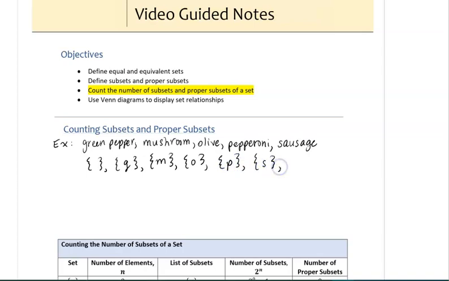So those would be a collection of 1 topping pizzas. Then we could find a collection of different 2 topping pizzas. So for example, we might get green peppers and mushrooms, or green peppers and olives, or green peppers and pepperoni, or green peppers and sausage, etc.